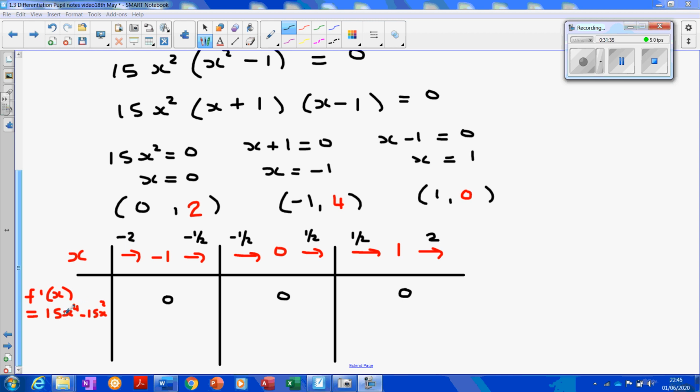Okay, so if x is -2, -2 to the power of 4 is going to be 2 2s are 4, 4 2s are 8, 2 8s are 16, so it's 16 times 15 minus 15 times 4. So that there is going to be positive.